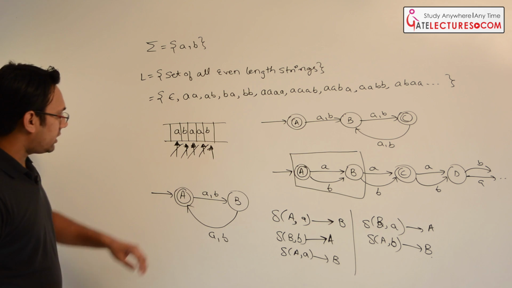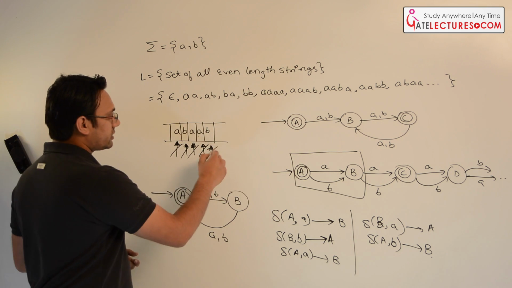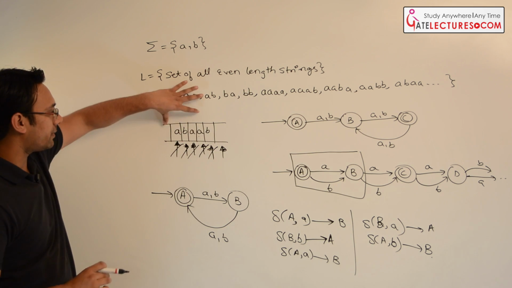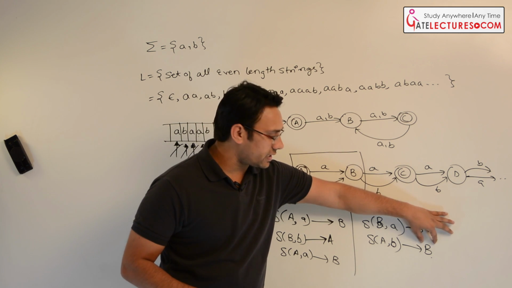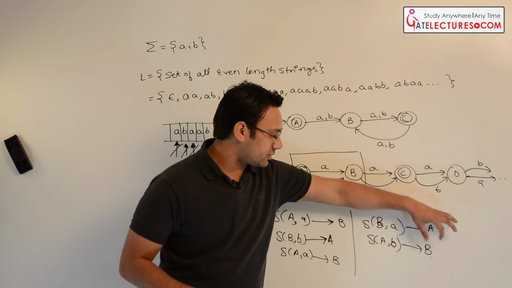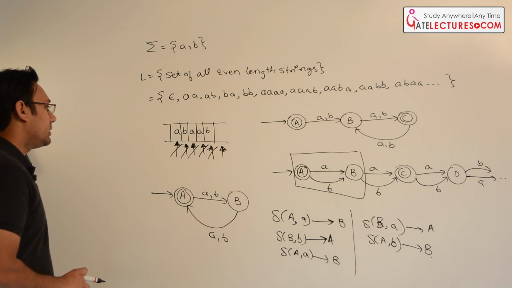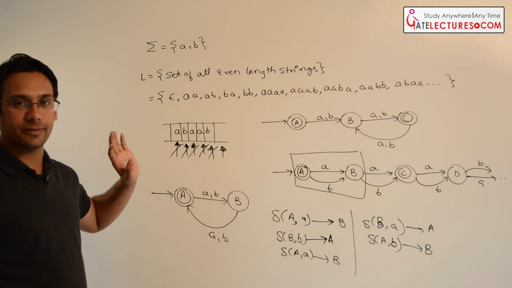After going to state B, we have read the complete string. After reading the complete string, if the state we are at is a final state, that means the string is accepted. But you can see B is not a final state.